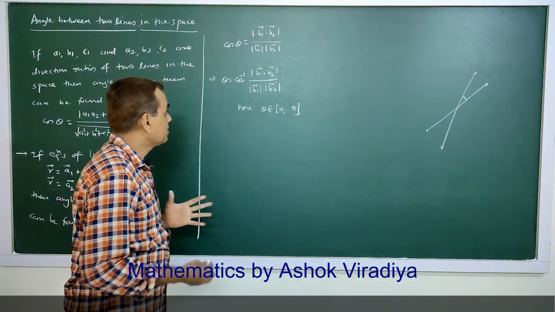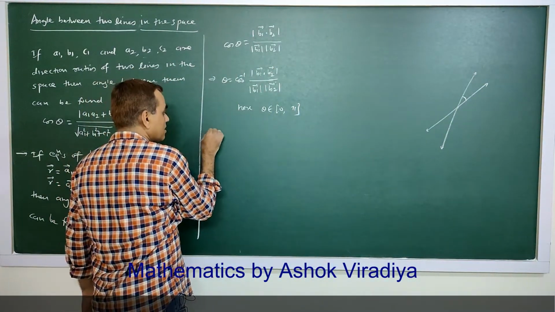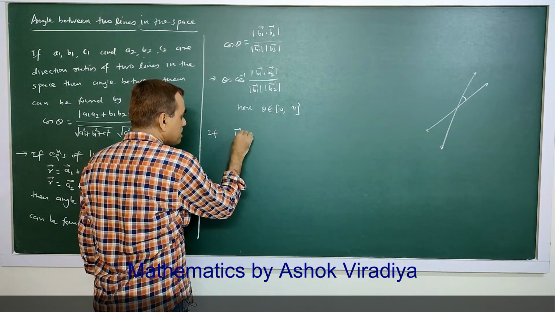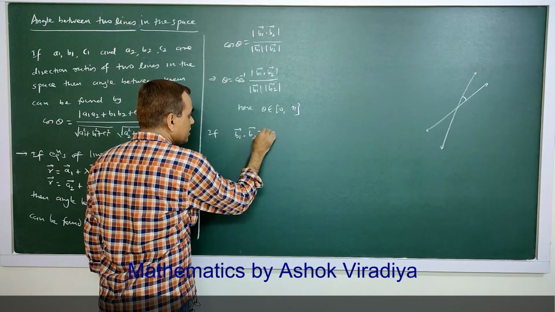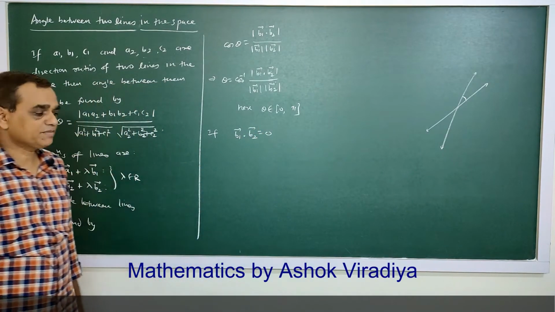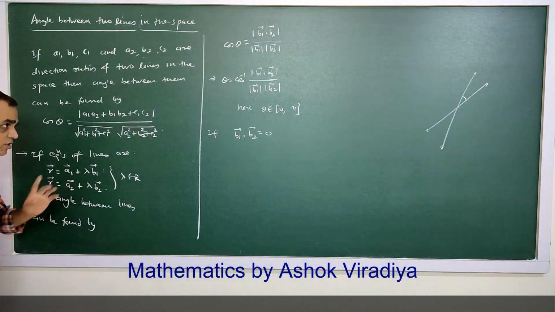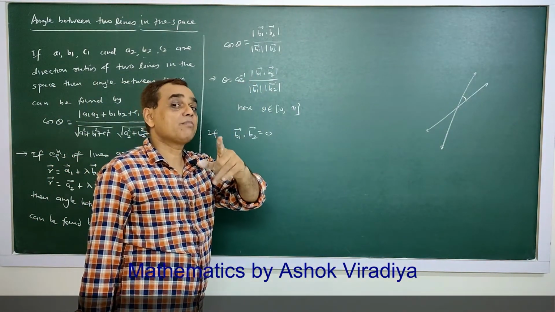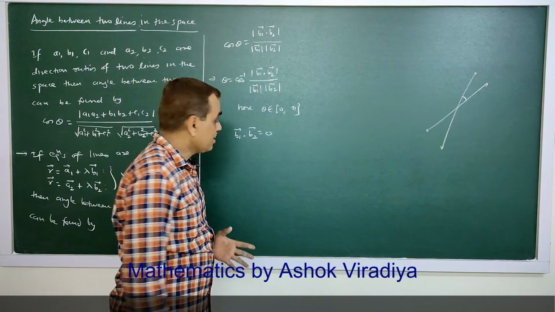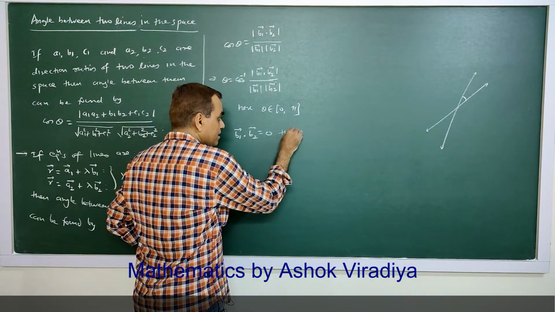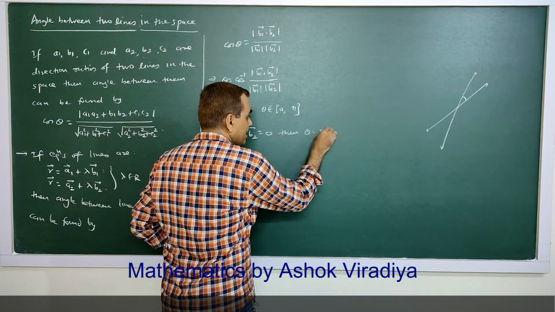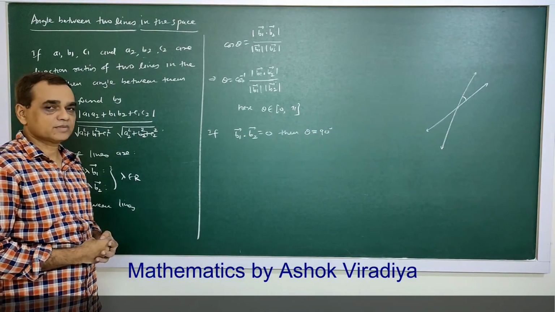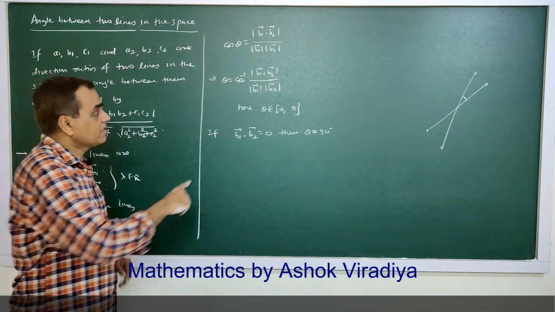So here, if the dot product of B1 and B2 is 0, cos inverse 0 is pi by 2. Then the angle between these lines is 90 degrees.